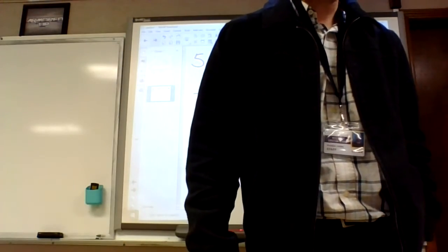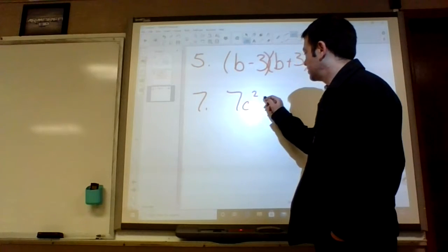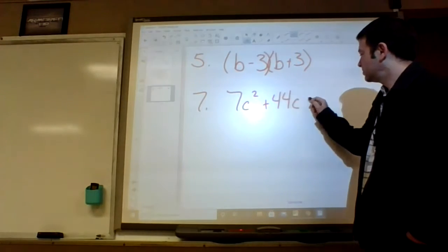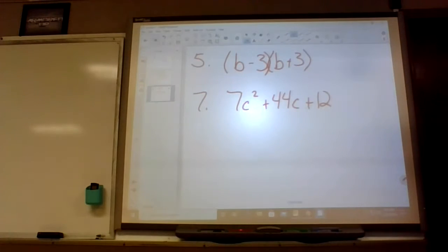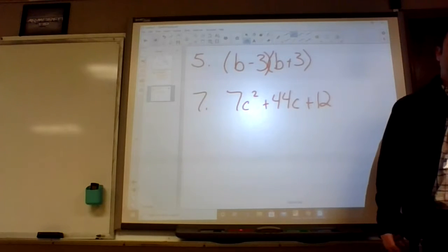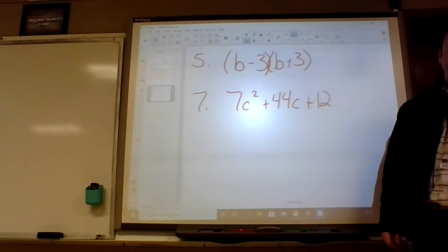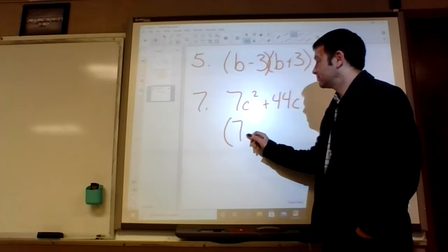But, okay, 7c squared plus 44c plus 12. Alright, Jackson, what should I do on this one? Okay, let me finish writing it down. So it's either 7 and 1 because no two things multiplied are 7.